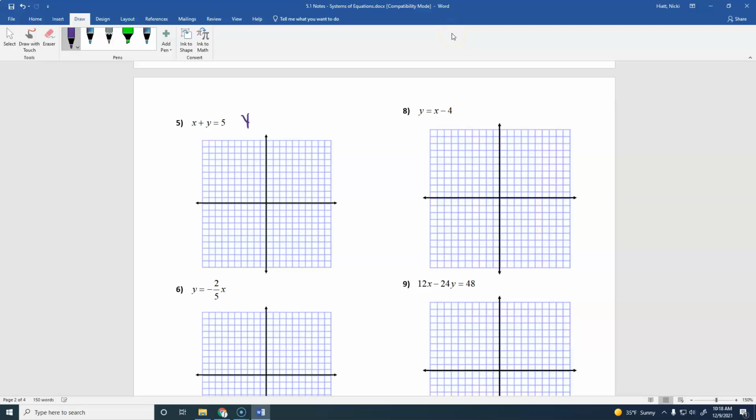You got to move the x over, so it's going to be y equals -x plus 5, which will look like this. Over here at 8, you get this graph.